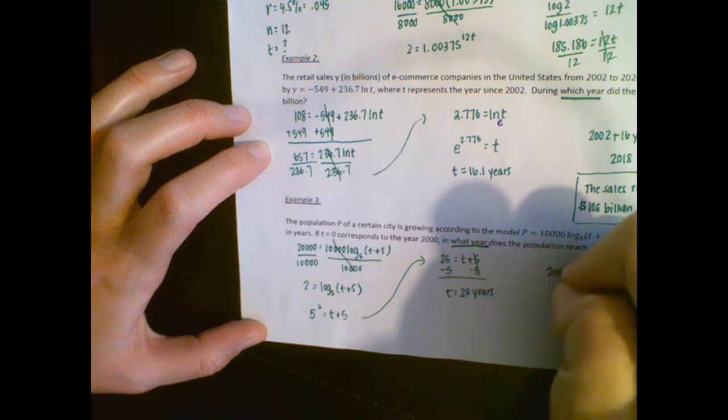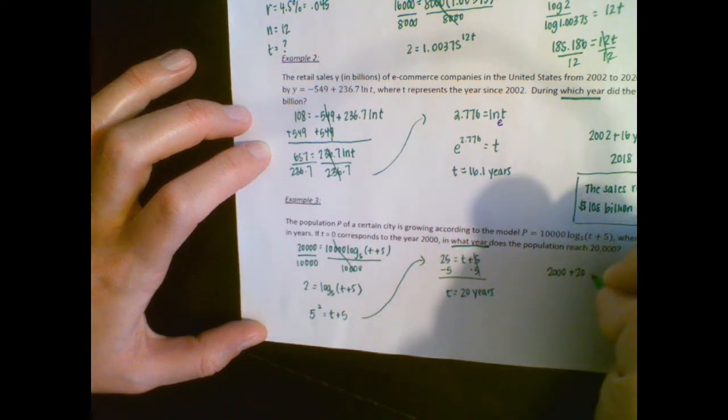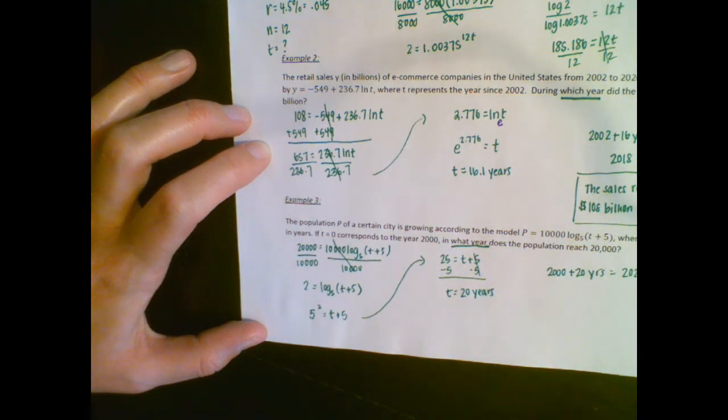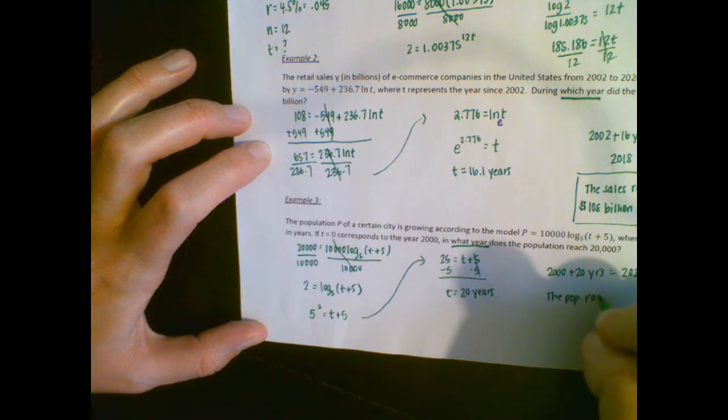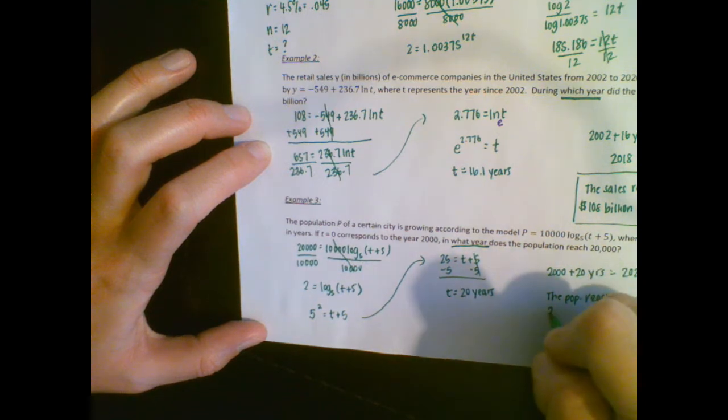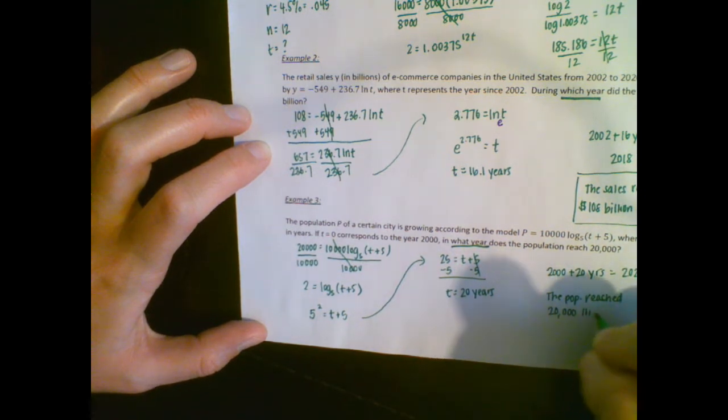So 2000 plus 20 years is in the year 2020. So I'm going to say the population reached 20,000 in the year 2020.